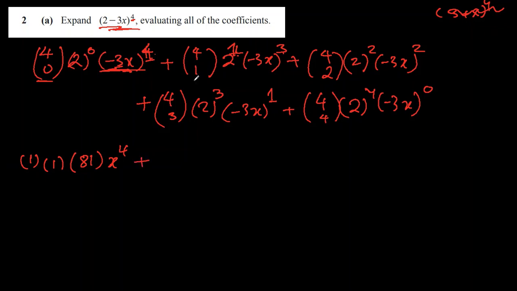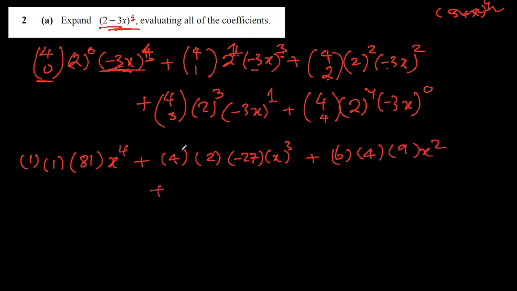Next, 4c1 is 4, 2 to the power 1 is 2, minus 3 cubed will be minus 27, x cubed is x cubed. 4c2 is 6, 2 squared is 4, minus 3 squared will be positive 9, and then we have x squared. 4c3 is again 4, 2 cubed is 8, minus 3x to the power 1 is just minus 3x. 4c4 is 1, and 2 to the power 4 is 16. Minus 3x to the power 0 will be 1.